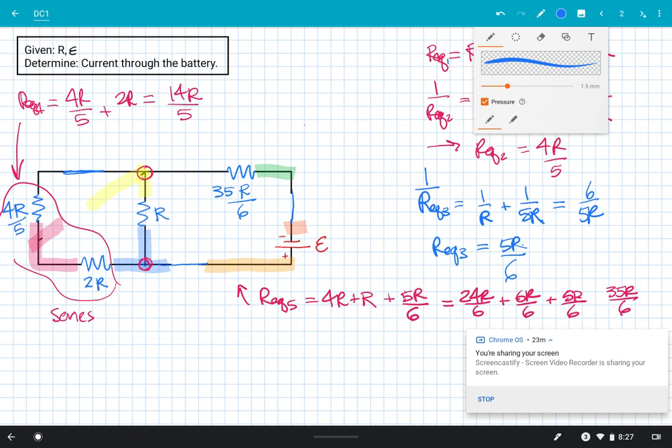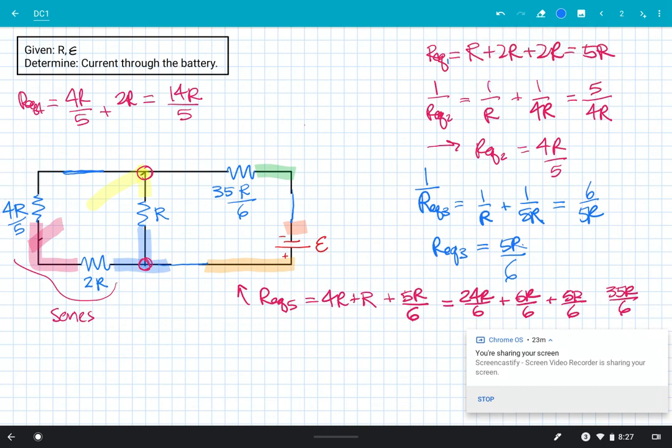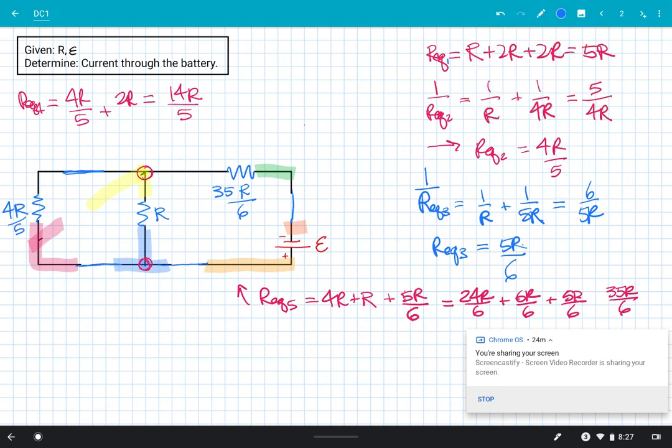And then in this other situation over here, I'll get rid of this one here and I'll replace it with 14R over 5. Well, that's easy. Okay. It's right at the edge of what I can draw there, so I'll do this up here, 14R over 5.